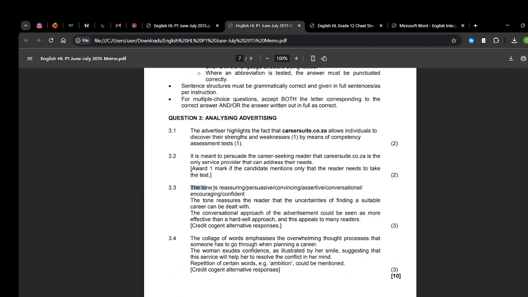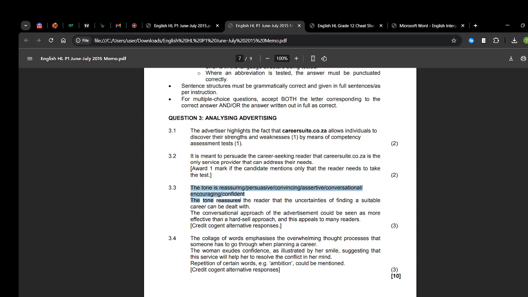The tone is reassuring. So you see how many options they give you here, guys. Even if you can't think of a word to use for the tone, whatever you think of should lie in between these different words: confident, positive, optimistic, encouraging, conversational, assertive, convincing, persuasive, reassuring.